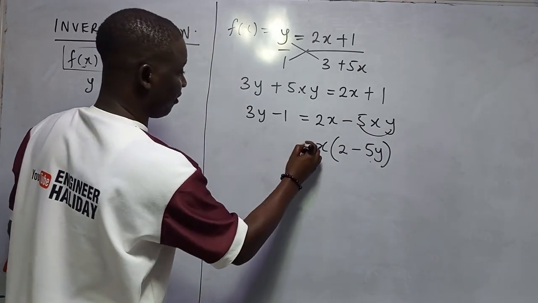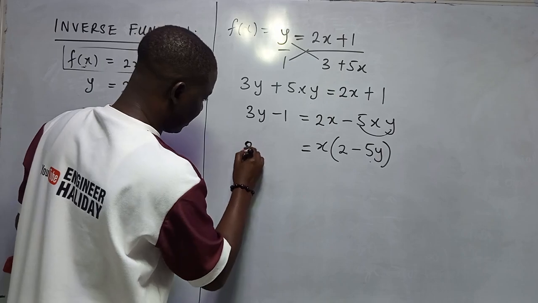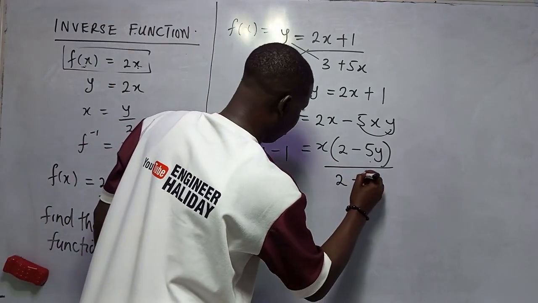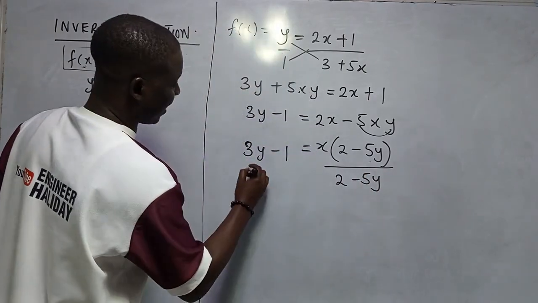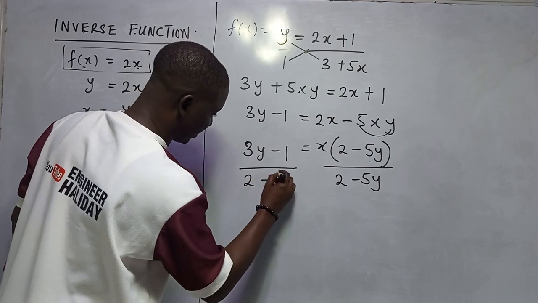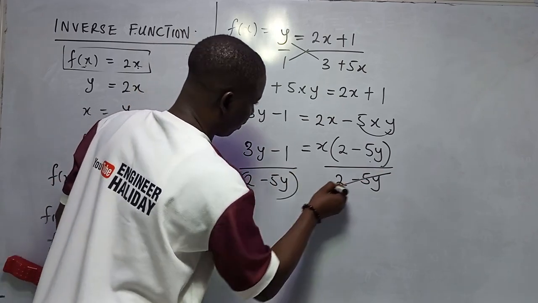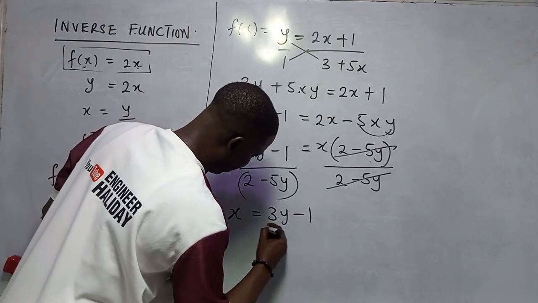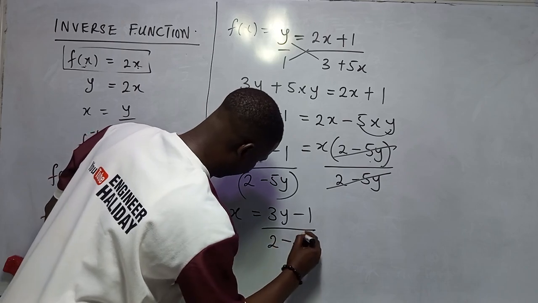And that's what we have now, 3y minus 1. Now, making x the subject, you remove this 2 minus 5y on that side by dividing both sides by it. So this one will cancel this. So what I would have now is x equal to 3y minus 1 over 2 minus 5y.